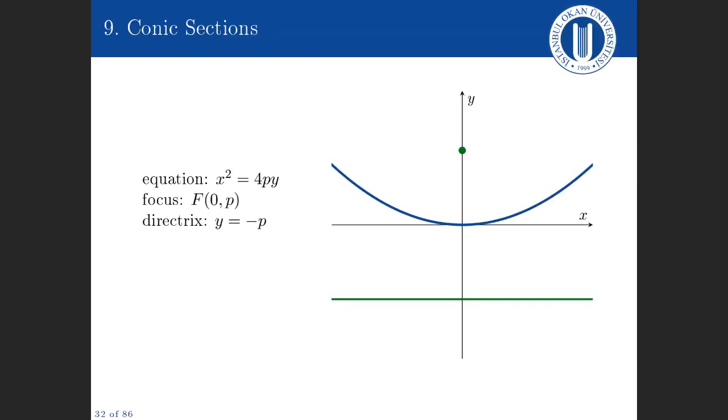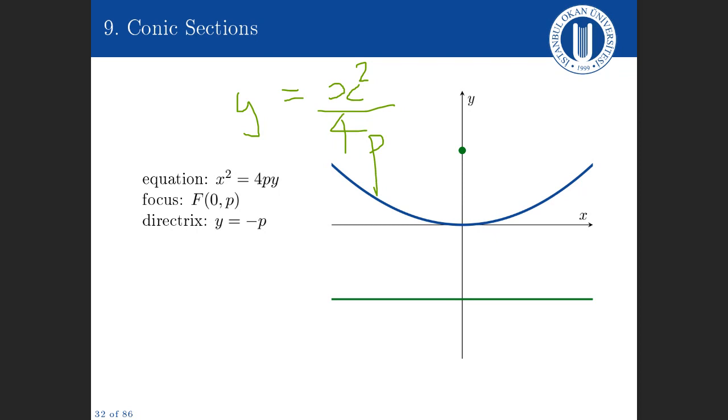Let me just summarize. This is the graph of x squared equals 4py, or we could rearrange that to y equals x squared divided by 4p. The focus is the point (0, p), and the directrix is the line y equals minus p.